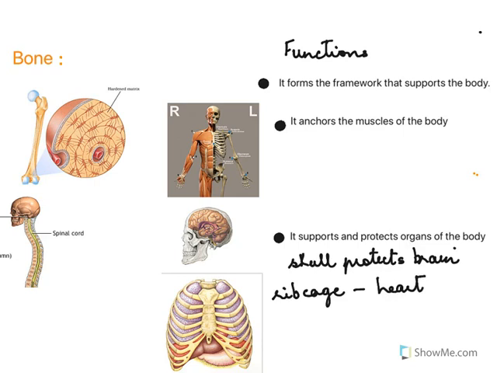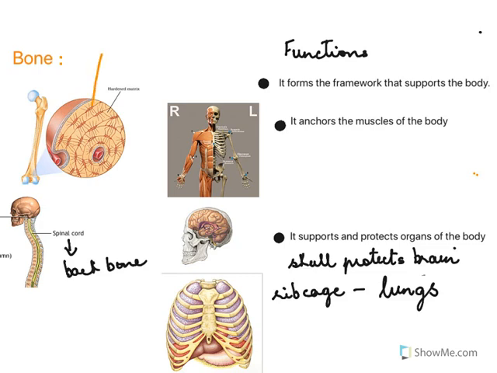We have the lungs. The rib cage protects the lungs. Then here we have the spinal cord, which is protected by a backbone. So it does an important function of protecting the important organs of our body.